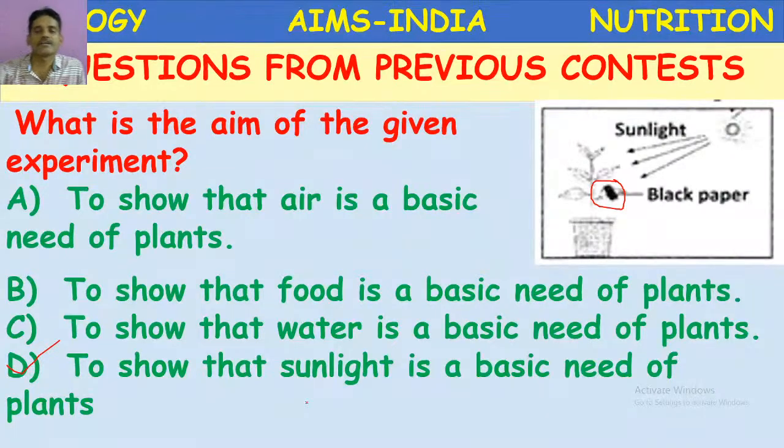Another experiment you study is the hydrilla plant experiment. It is a very simple experiment, in which a hydrilla plant is taken in a water medium, the experimental setup is made and kept in the sunlight. Air bubbles are formed in the test tube.